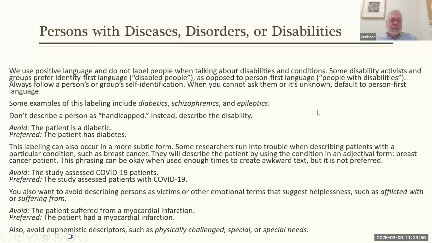Again, you want to avoid describing persons as victims or other emotional terms that suggest helplessness. One of the most common, for instance in forensic psychology, is describing a person as a rape victim, and a common substitute would be a person who has experienced a rape.